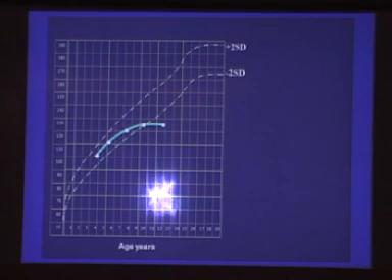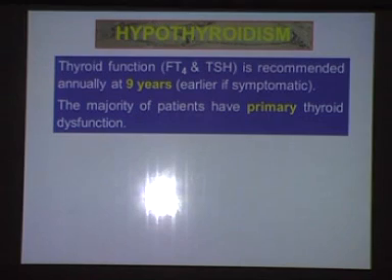This is a typical curve for a patient with growth hormone deficiency, and if you look, you will see that the growth decelerates by the age of 9 to 10 years. Now, hypothyroidism: evaluation of FT4 and TSH is recommended annually from 9 years, or earlier if symptomatic.